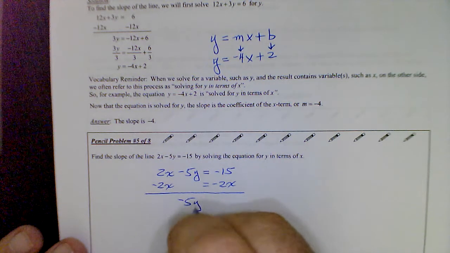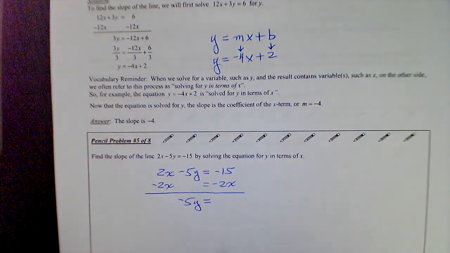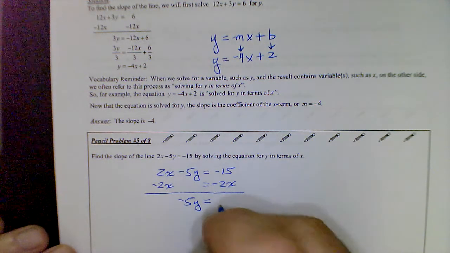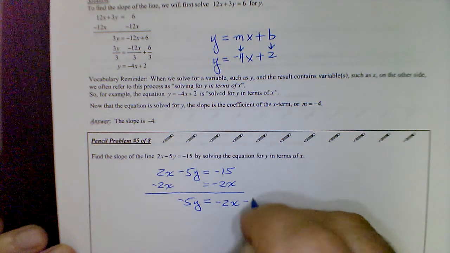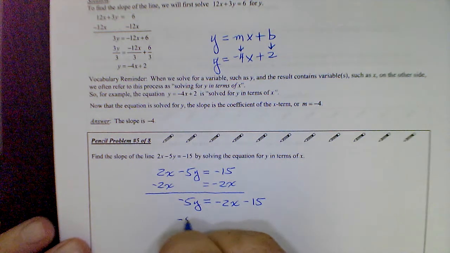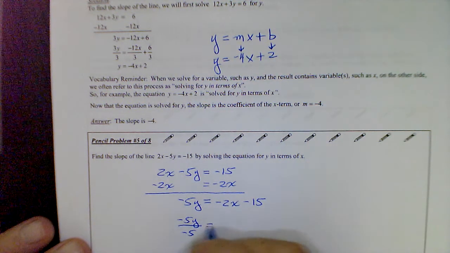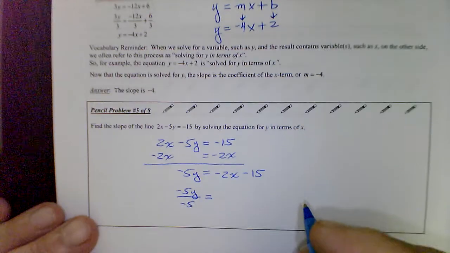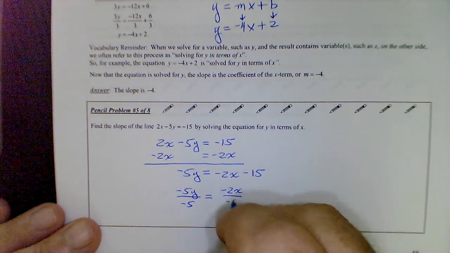We have negative 5y equals, excuse me, again, these cannot be combined. Always convenient to write the x's first. So minus 2x minus 15. And now if we're solving for y, we're not cheating here, but we're skipping a step. You're allowed to divide everything by that number, -5.